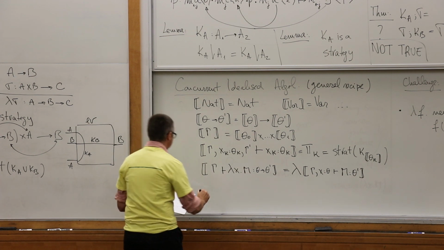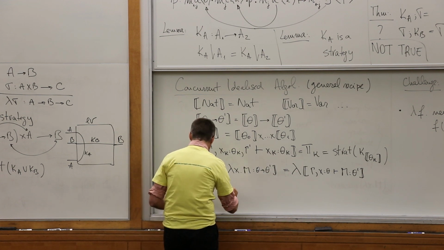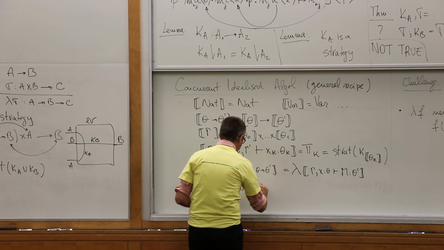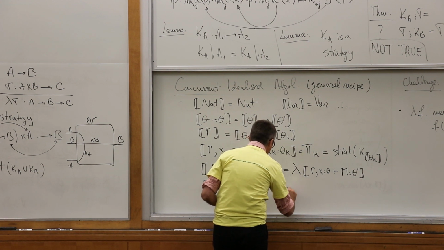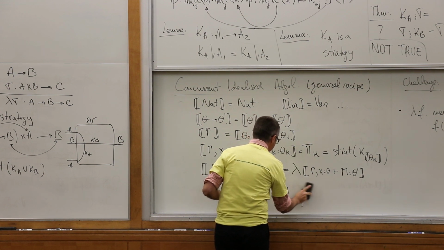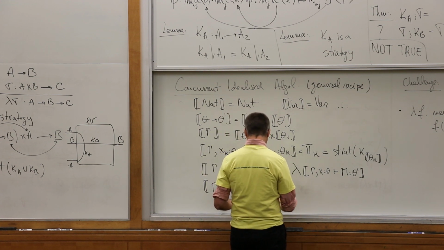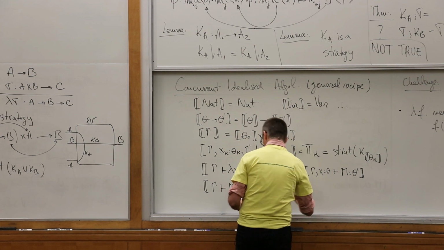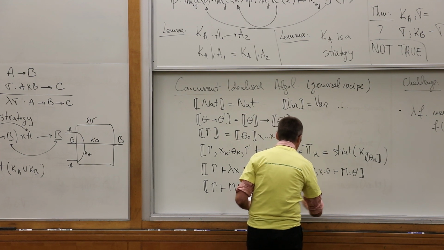And now application. Sorry, I did that. M applied to N of type theta. I'm going to be pairing M, gamma stays the same, so I'm not going to write it, but I'll write the types. M is of type theta prime to theta.